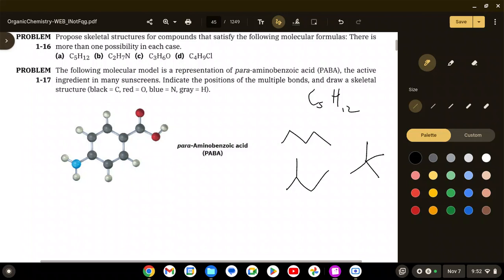Okay, C2H7N. That one, I think that's actually the only one I can do.